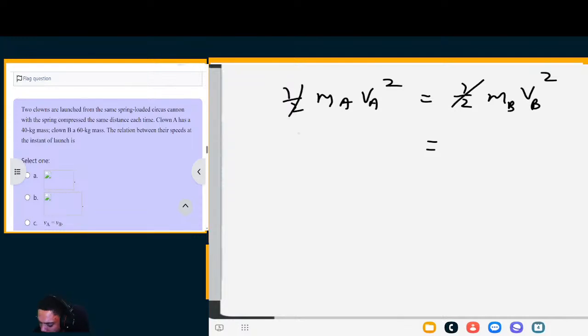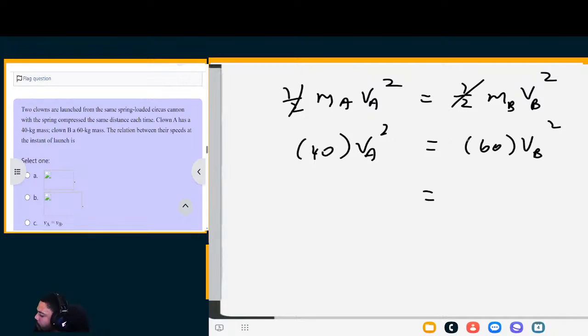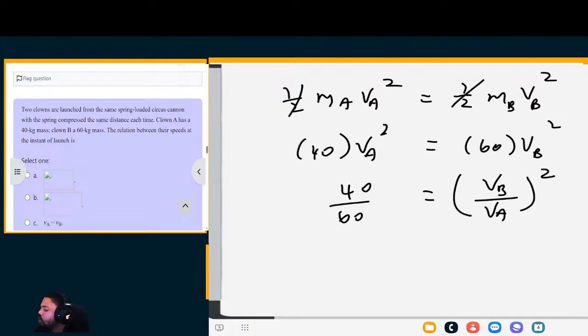We have that m_A, which is 40 kilograms, times v_A squared, and m_B, which is 60 kilograms, times v_B squared. Taking it as 40 over 60, and v_B over v_A, both squared.